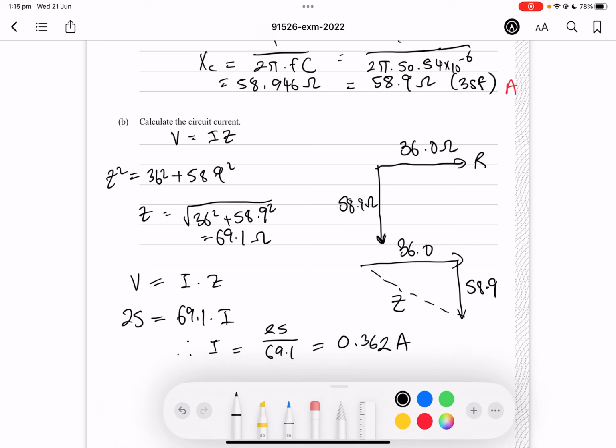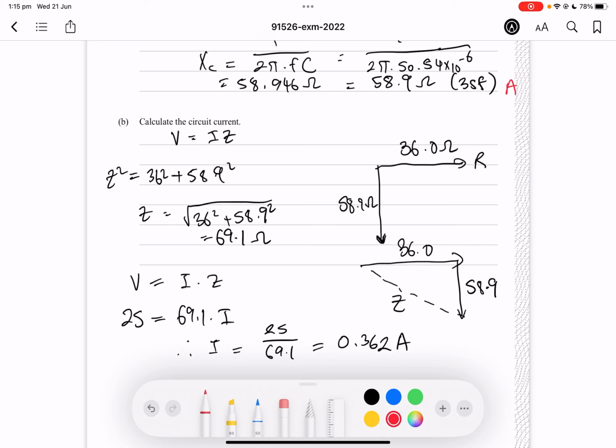And that's our final answer for this question. So the correct answer for the circuit current would be a merit grade. And you can get an achieved grade by calculating the correct impedance. So the correct impedance would be up to here.